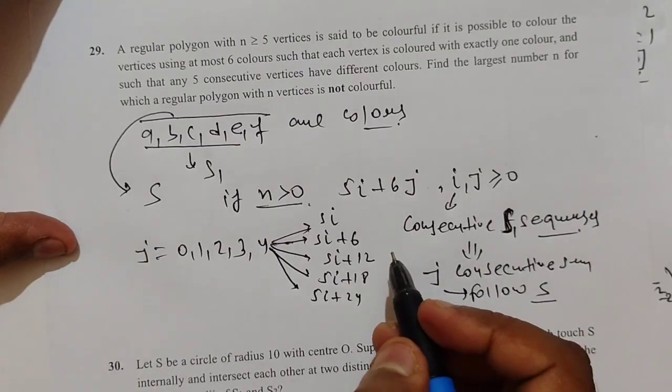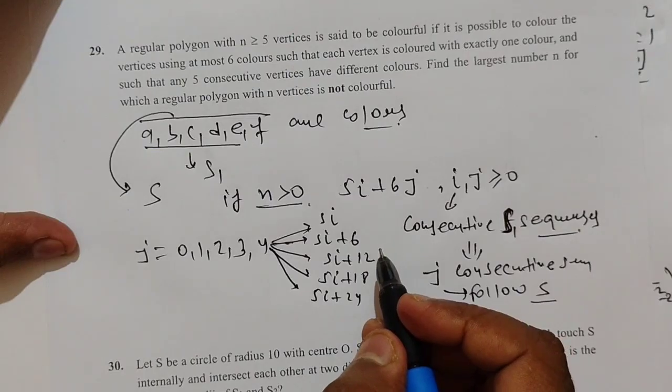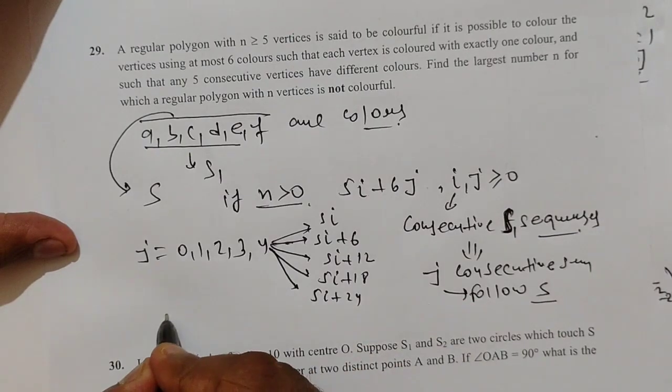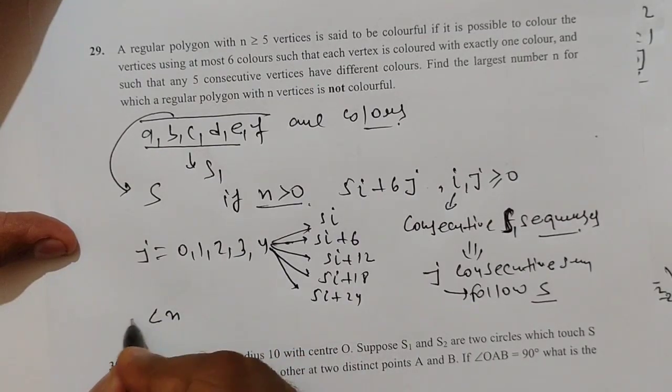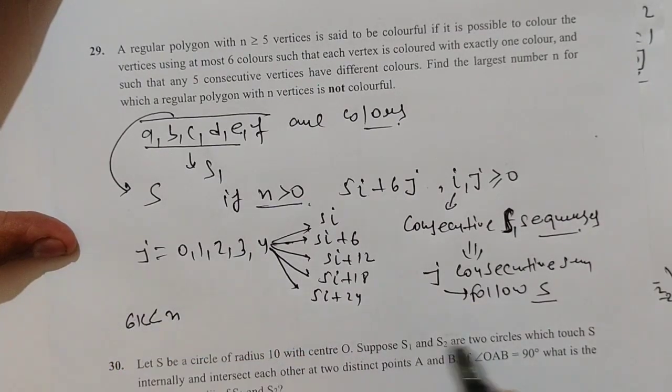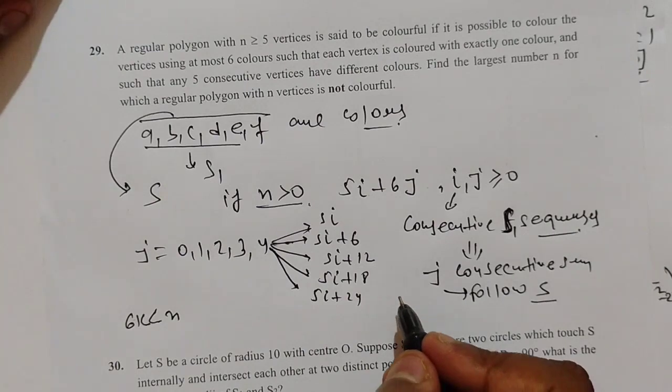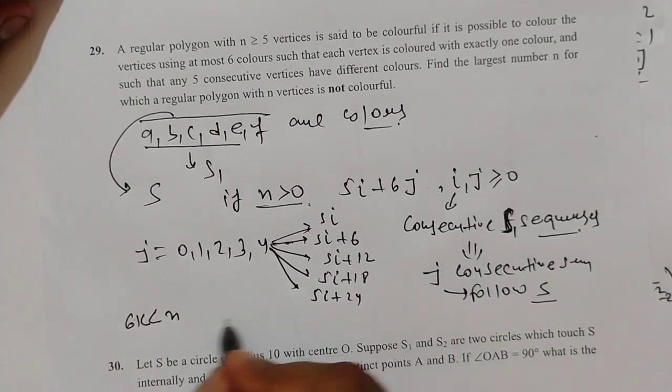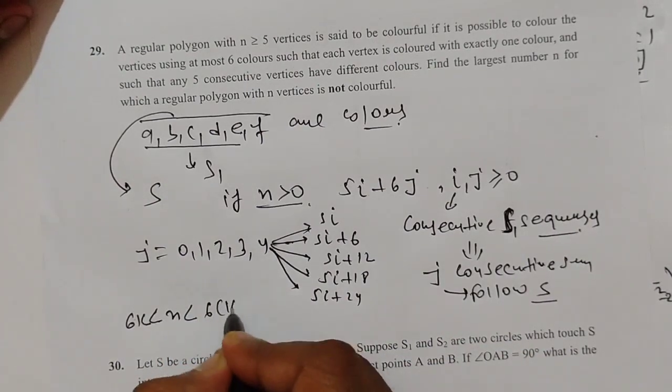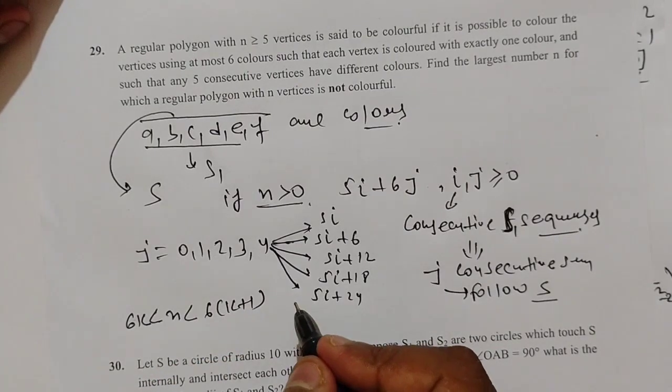So we can use that there exists a number k such that n is greater than 6k and less than or equal to 6 times k plus 1.